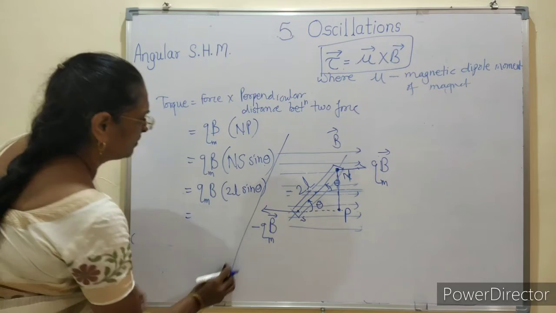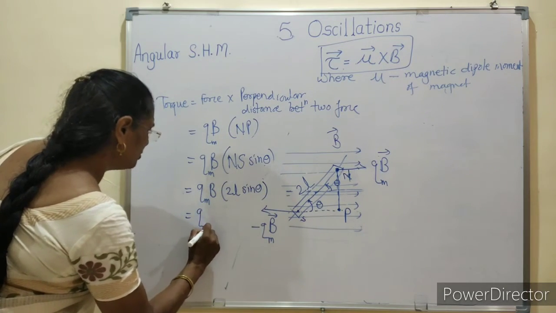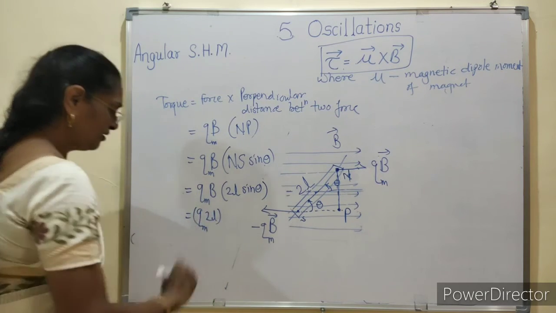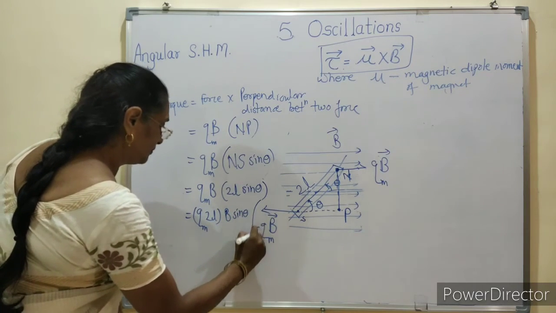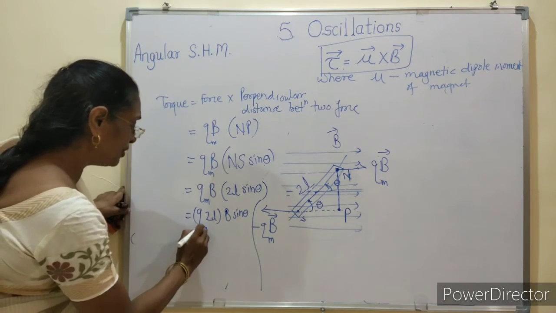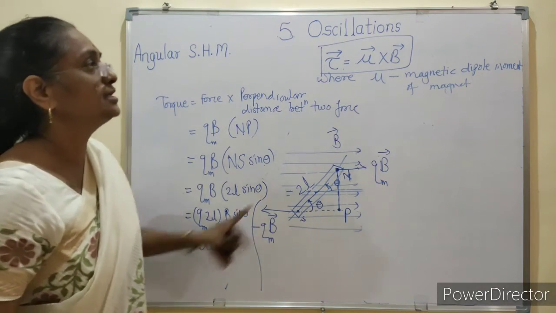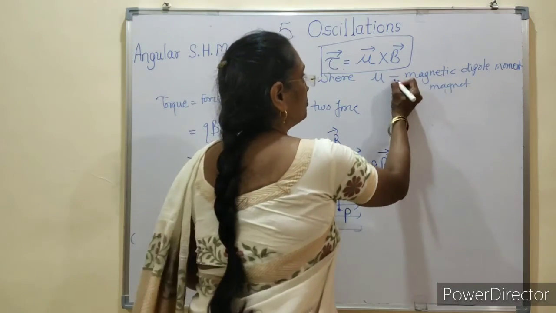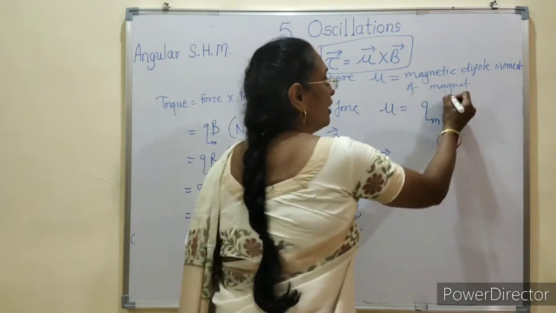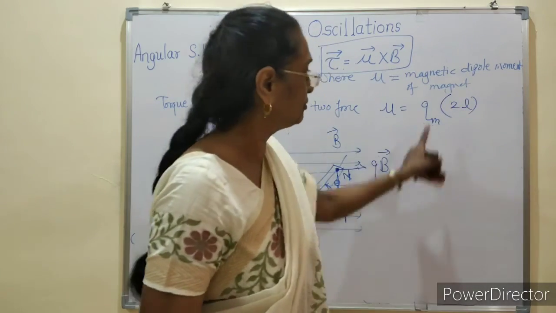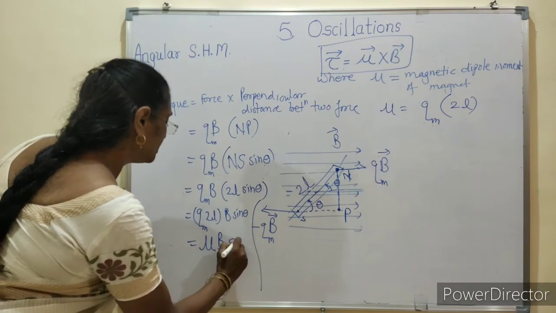So Qm into B, NS is twice L, and sin theta. Here we write Qm into twice L separately and B sin theta. So Qm into twice L is denoted by mu, and mu is called the magnetic dipole moment of the bar magnet. It is equal to the product of pole strength and magnetic length twice L. So it is mu into B sin theta.